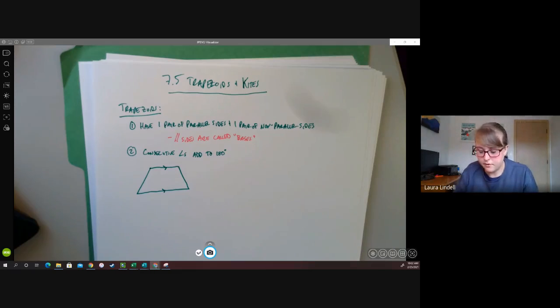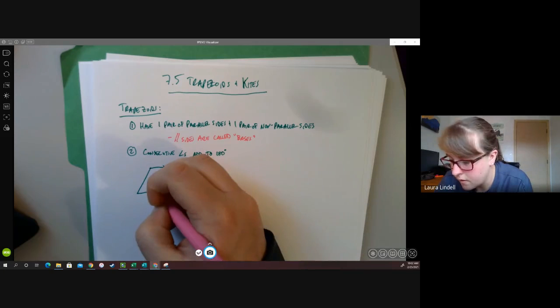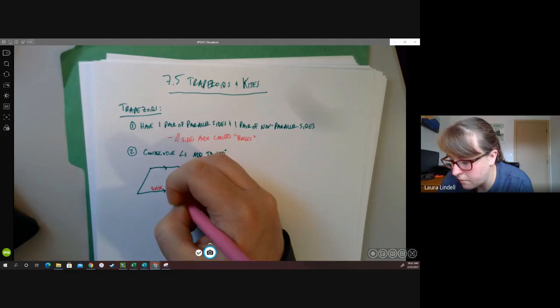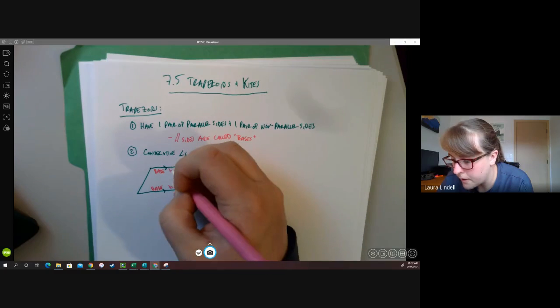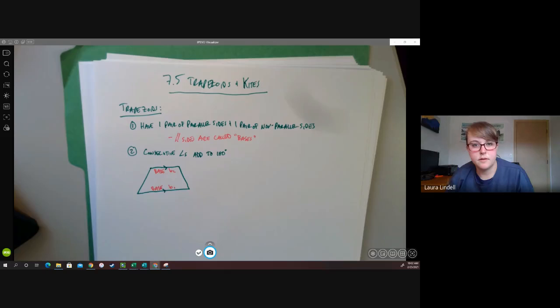Those are the bases. A lot of times you'll see it referred to as B1 and B2. And then the consecutive interior angles.